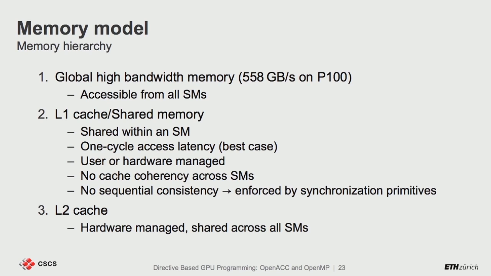For example, if we have several cores or different CPUs, and I write something in my cache, which is on one node, and then I read from the other cache on the other node at the same location, I get the updated value. How is that possible? There is a protocol running on the hardware that invalidates, for example, the copies that the other processors may have, and they all request the updated value.